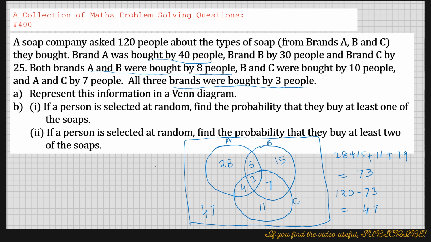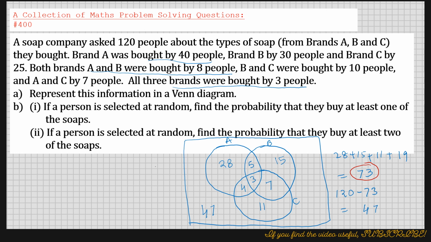Now the probability part: if a person is selected at random, find the probability that they buy at least one of the soaps. The number of people who buy at least one of the soaps is 73, because you add the numbers in A, B and C. If you add up all the numbers inside these circles, you get the total number of people who have bought at least one soap, so they have either got one or two or three.